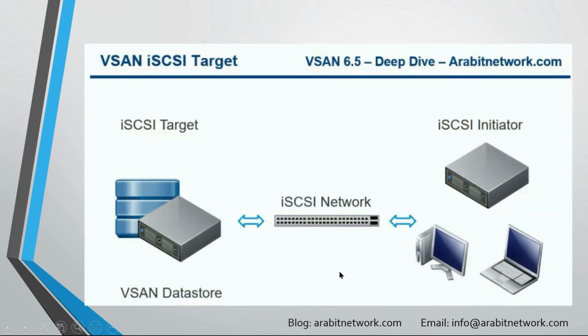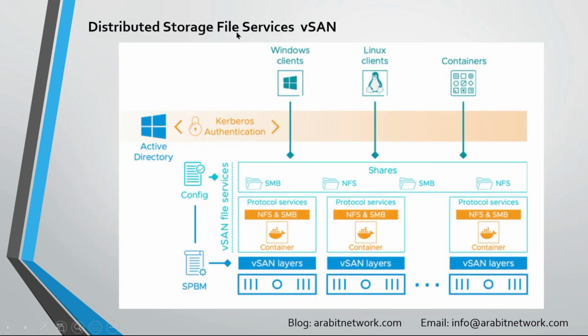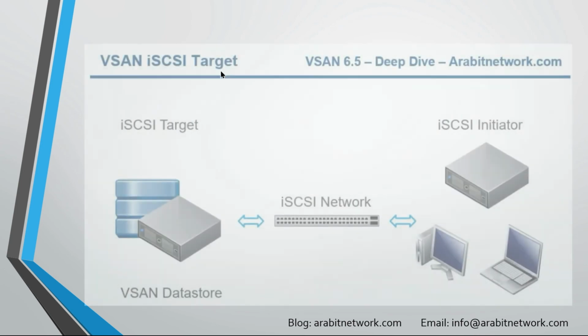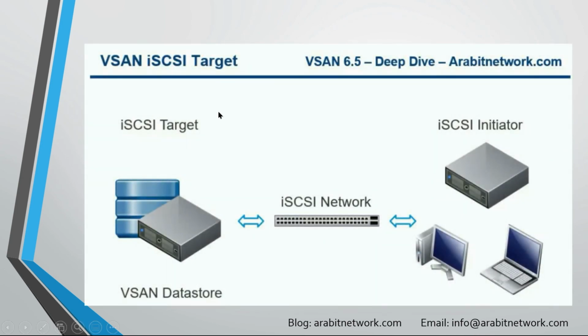In the previous slide, we discussed the file services, and in this slide we're discussing the block storage services that could be provisioned on a vSAN data store, like iSCSI and LUNs. We will learn about iSCSI and LUNs in greater detail in the upcoming lectures.